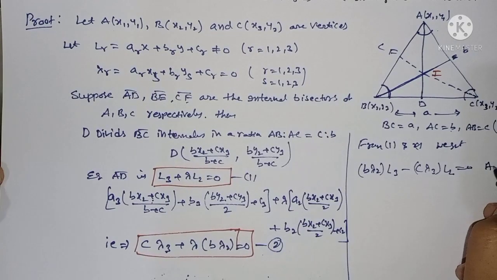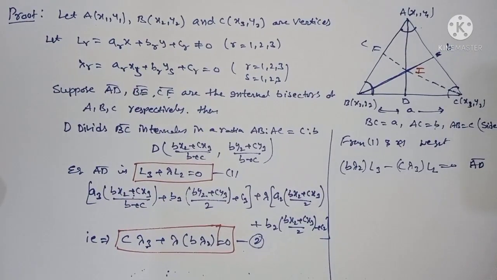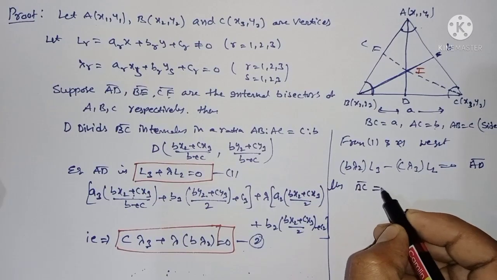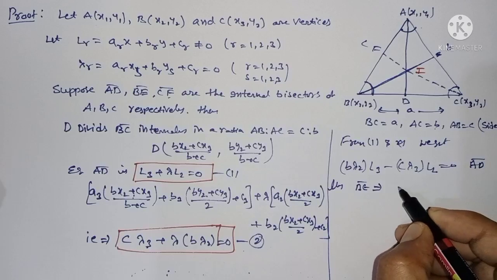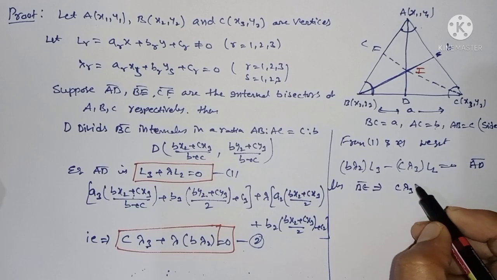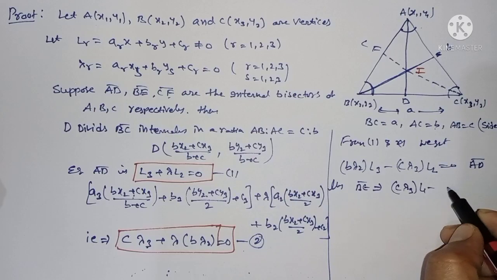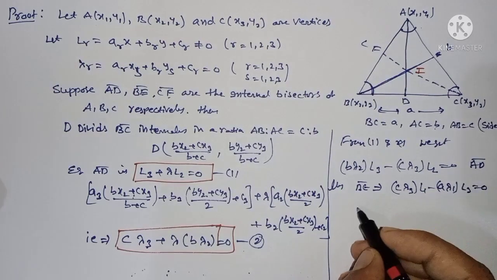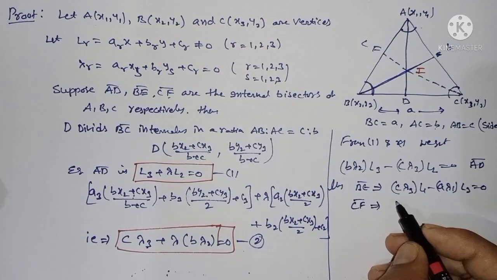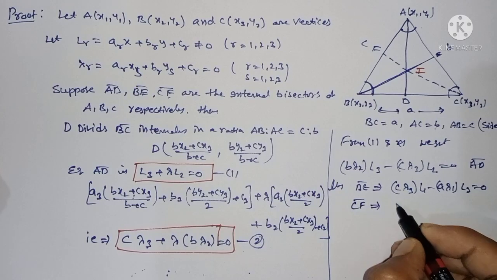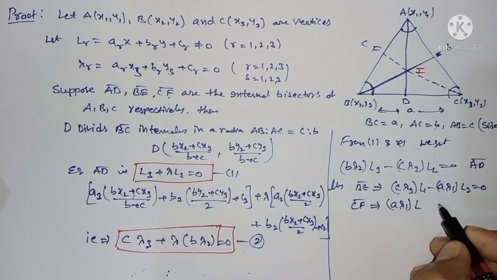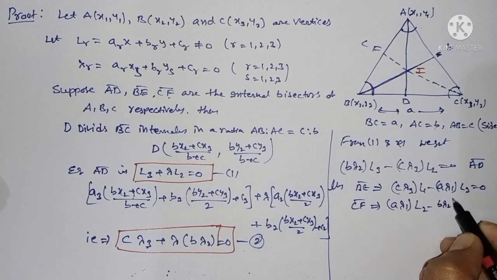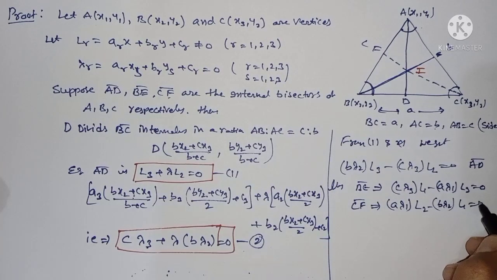This is the AD equation. Similarly, the BE equation we get is c lambda 3 L1 minus a lambda 1 L3 is equal to 0, and the CF equation is a lambda 1 L2 minus b lambda 2 L1 is equal to 0.